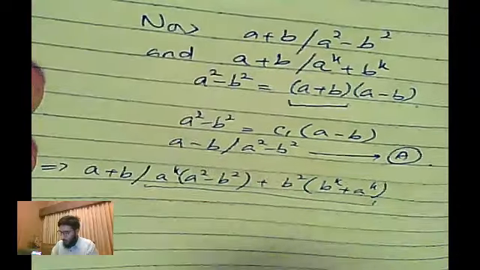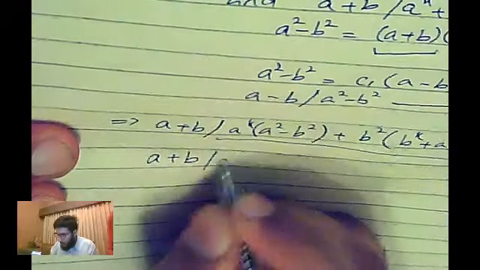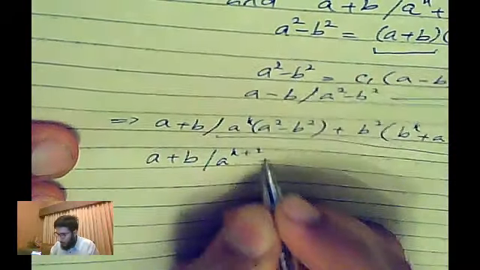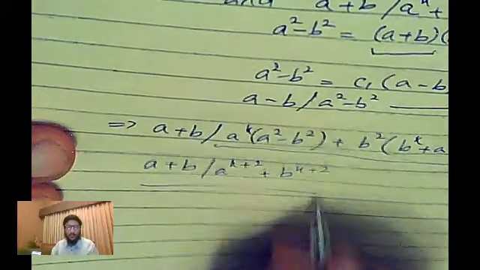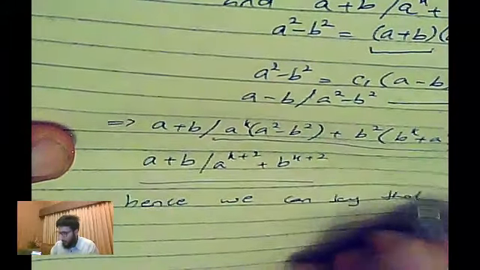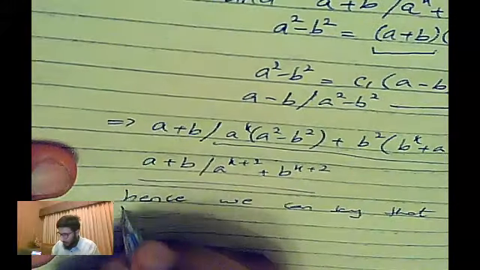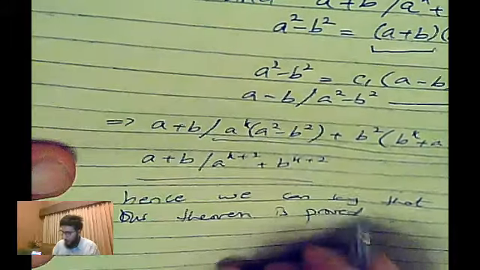And all of this originated from this equation right there. So we can say that a plus b divides a power k plus 2 plus b power k plus 2, and the result holds for this. And hence we can say that our theorem is proved. Thank you very much.